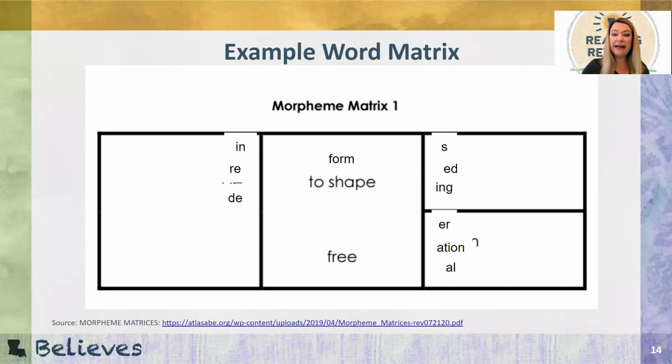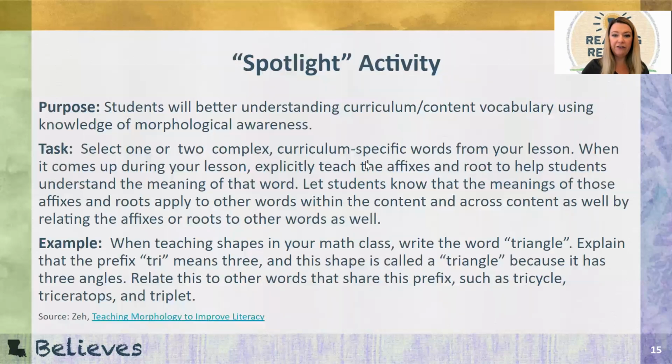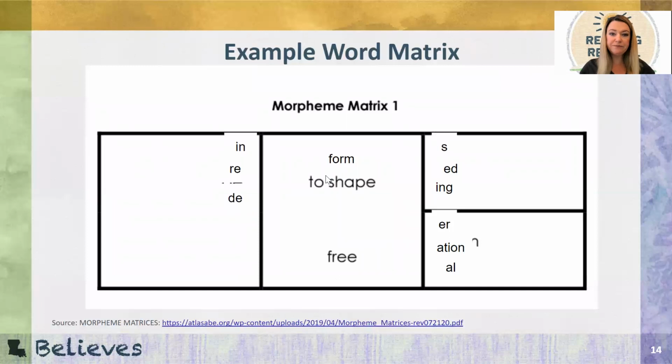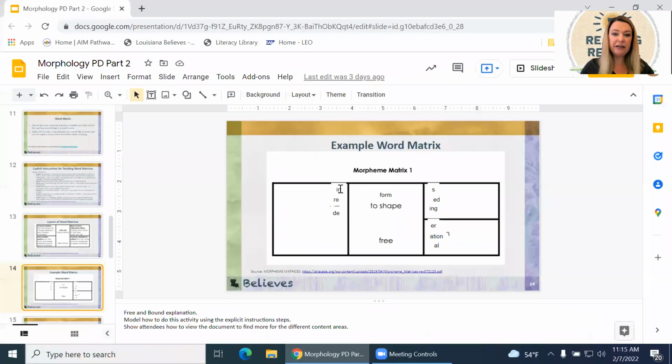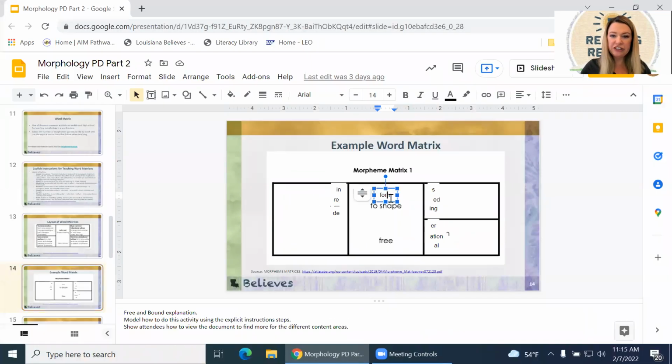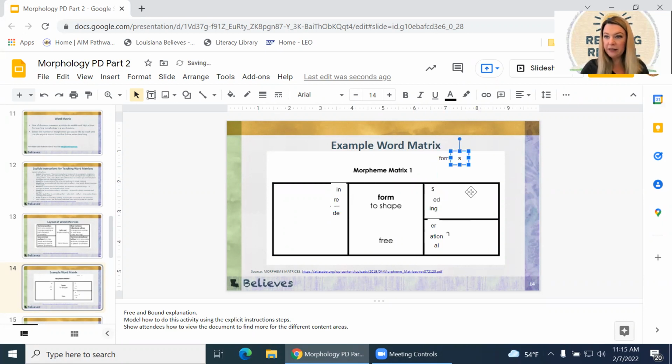So let's look at those. If I have form, excuse me, guys, I'm going to get out of here so y'all can see what I can do. And you can actually do this kind of activity with your class. If you move it up here, form, and I choose the suffix S, this becomes forms. I'm going to write that on my line, and that means I have more than one form or more than one shape to something. Okay, let's move the S back.